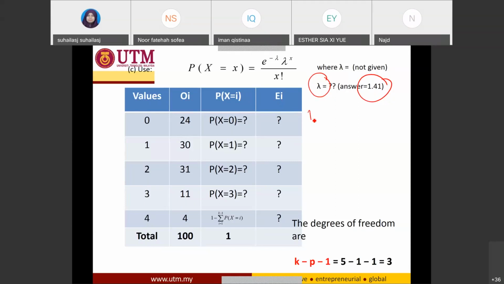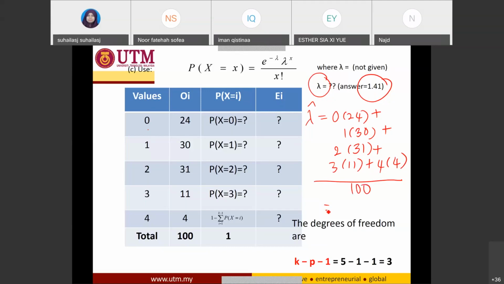So you want to estimate your lambda hat. That means 0 times 24, 1 times 30, 2 times 31, because it is like an average, 3 times 11, 4 times 4, divided by 100 observations. Then you get 1.41. I assume the answer is correct. Try to check. Okay, correct.